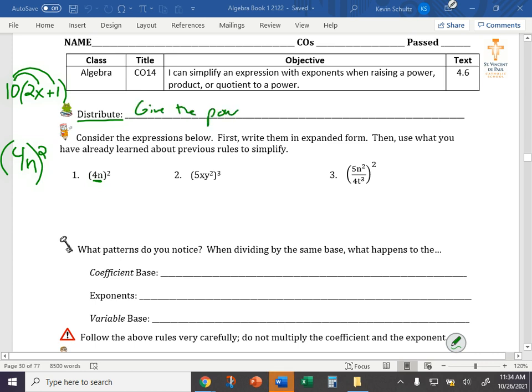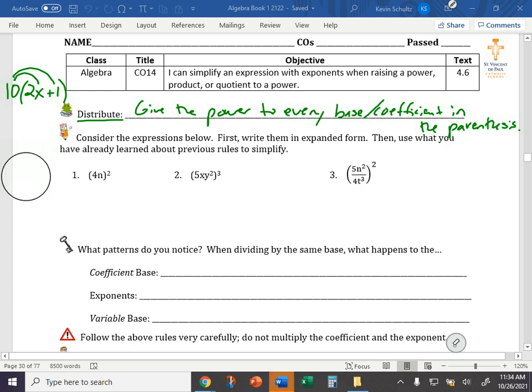Give the power to every base and coefficient in the parentheses. We want to take that power, whatever's on the outside, and give it to every base and coefficient inside of the parentheses.